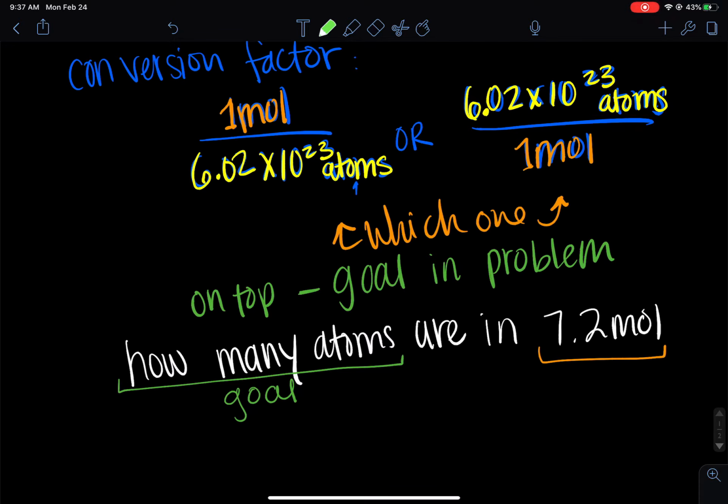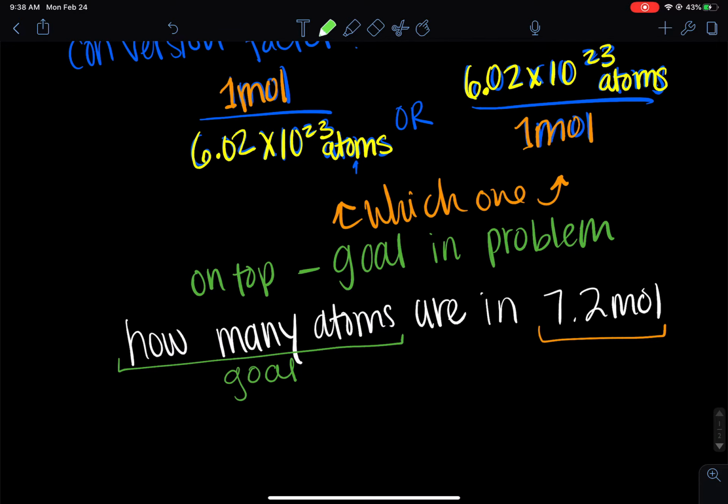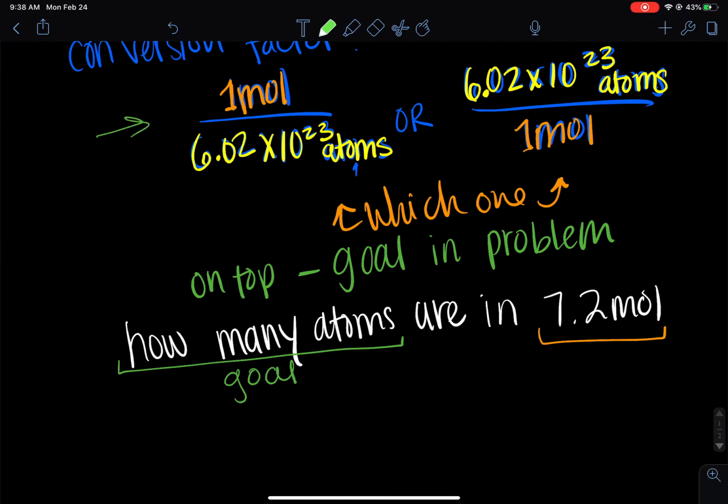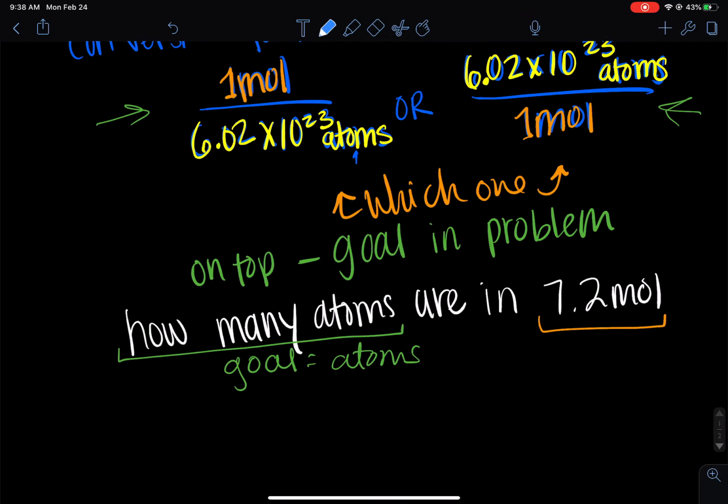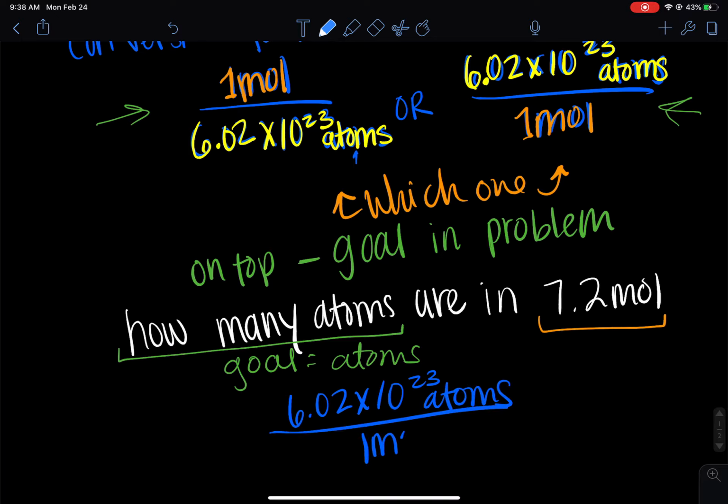So when we're doing a conversion factor, we choose which one of these has your goal on top. In this case, your goal is atoms. So the conversion factor that you will use has atoms on top. So we will use 6.02 times 10 to the 23rd atoms over 1 mole.